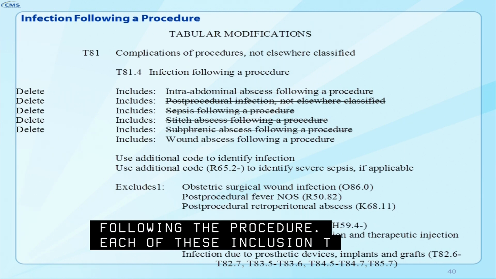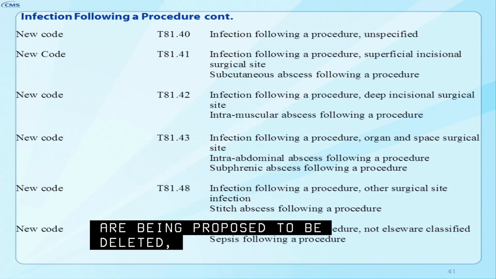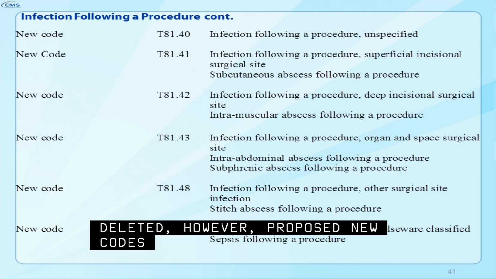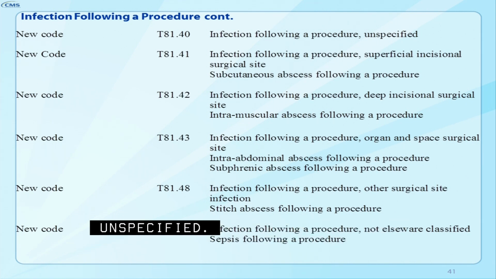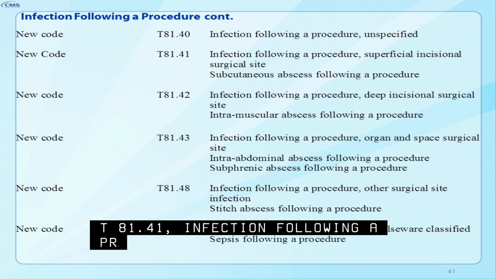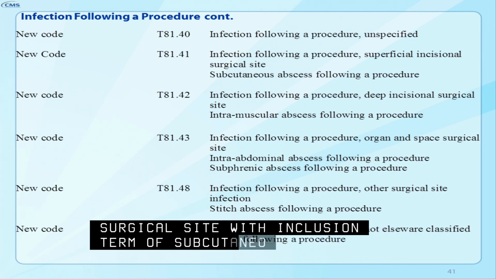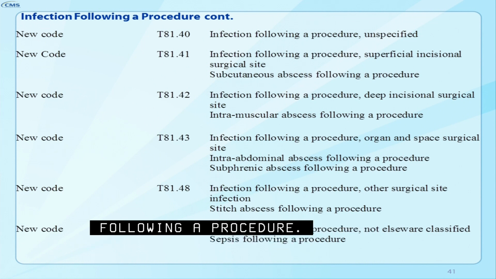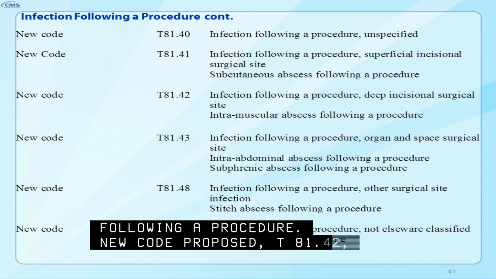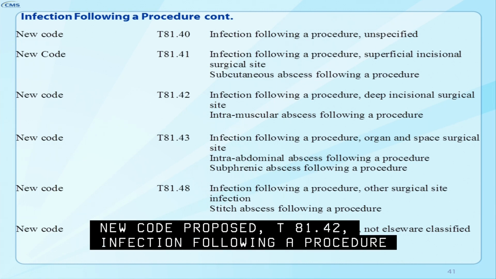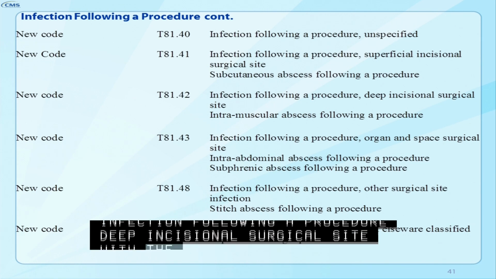However, proposed new codes include T81.40, infection following a procedure, unspecified. T81.41, infection following a procedure, superficial incisional surgical site, with inclusion term subcutaneous abscess following a procedure. New code proposed, T81.42, infection following a procedure, deep incisional surgical site, with inclusion term intramuscular abscess following a procedure.